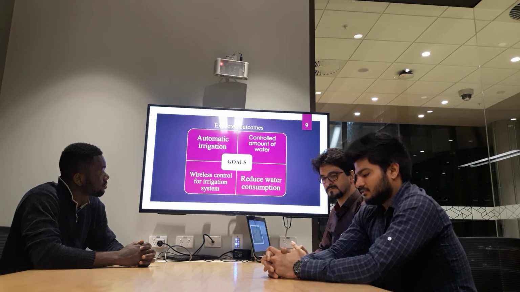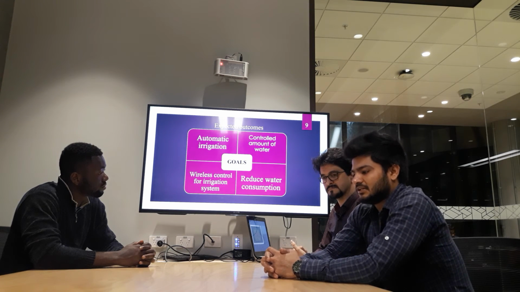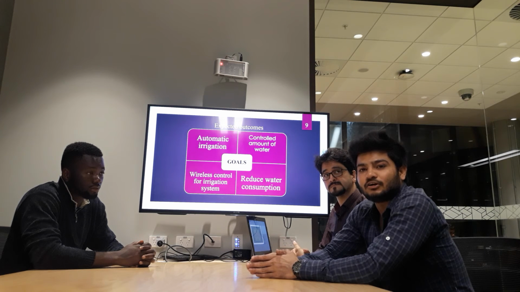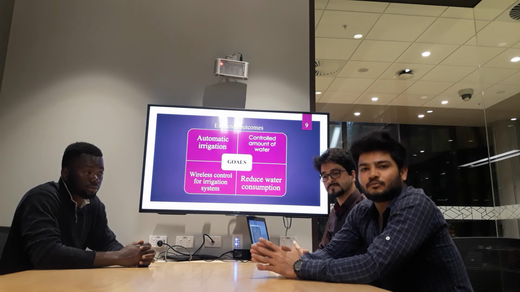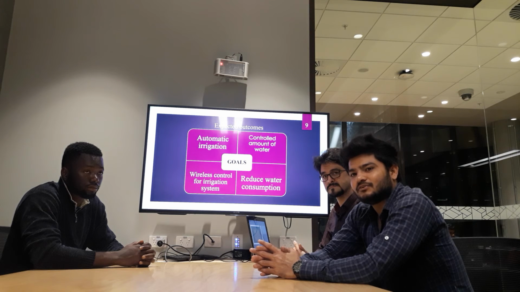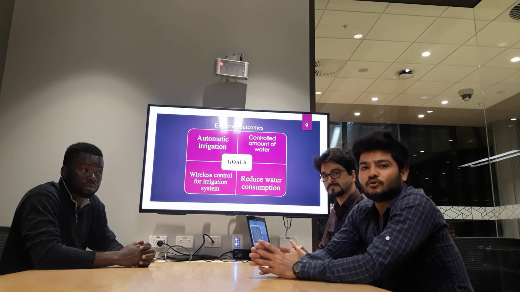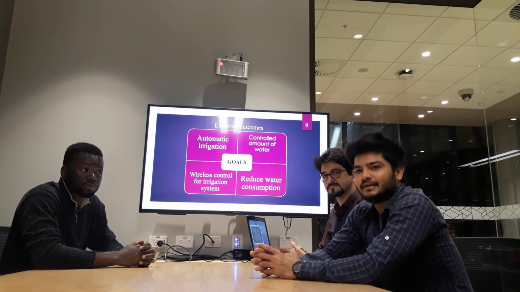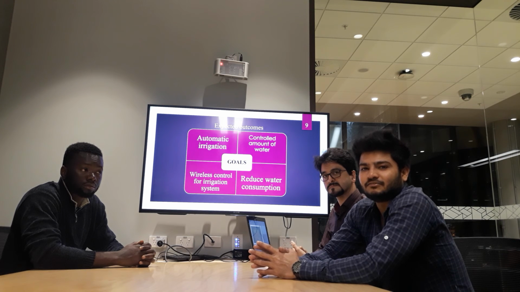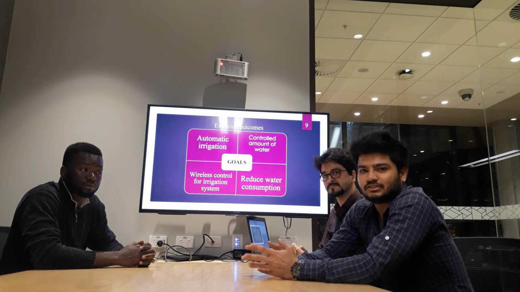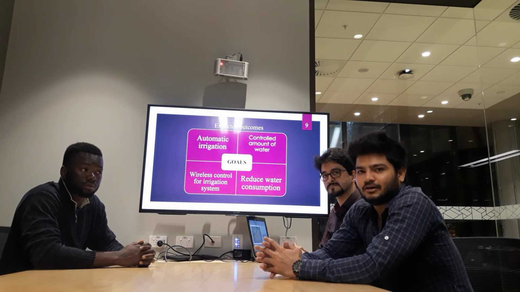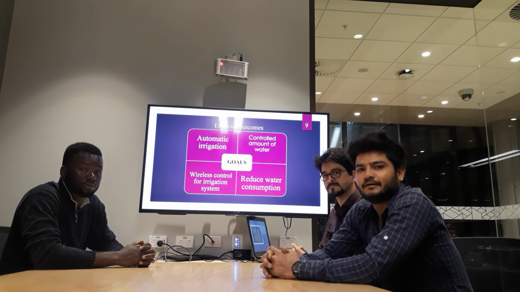And the fourth one is that we can reduce water consumption. Whenever we require water, only then will the water pump operate and supply water. If the soil of the farm is wet and doesn't need water supply, then the sensor will automatically give zero input to the GSM module, and it will turn off the water pump, so it will not supply water.